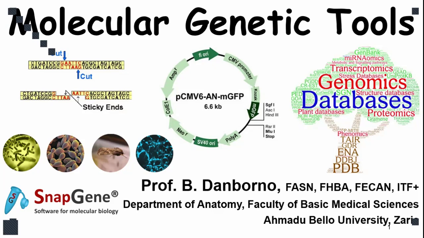What we did previously is to look at basic genetics and then an introduction to molecular genetics, and then we took time to look at genome maintenance, which is the process of DNA replication. Then we looked at genome expression, where we looked at DNA transcription and RNA translation, or what we simply describe as the process of protein synthesis.